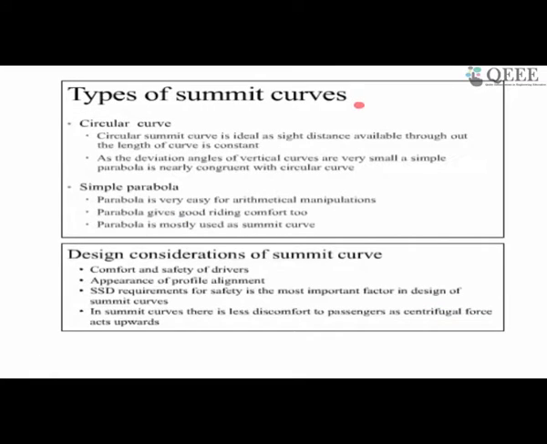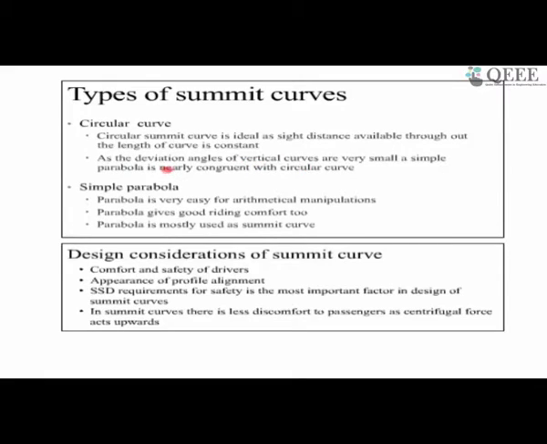So we know about this summit curve. Now let's look into what type of curve we generally provide in this summit curve. Ideally, a circular curve is good because we know a circle has a constant radius, and therefore the sight distance available is going to remain constant throughout the curve section.